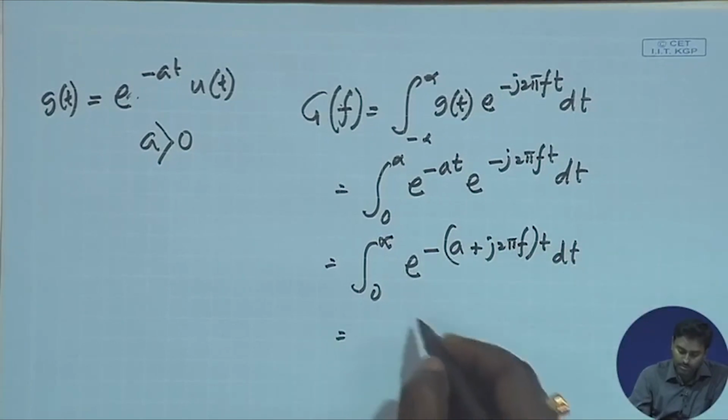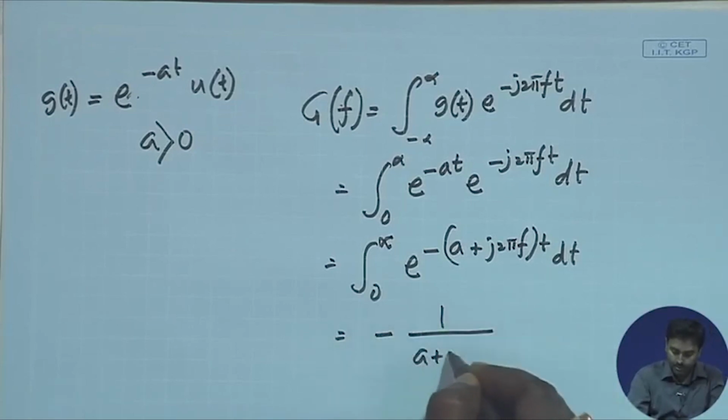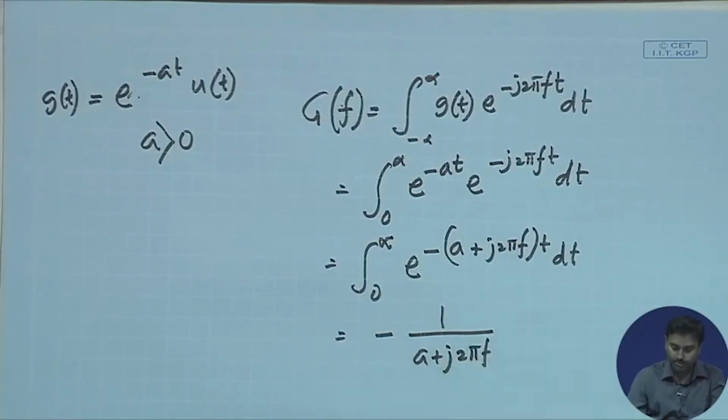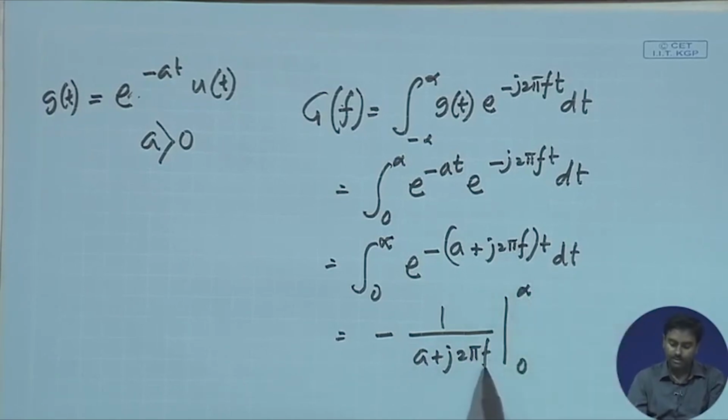So, that should be minus 1 by (a plus j 2 pi f), putting in the values 0 and infinity.